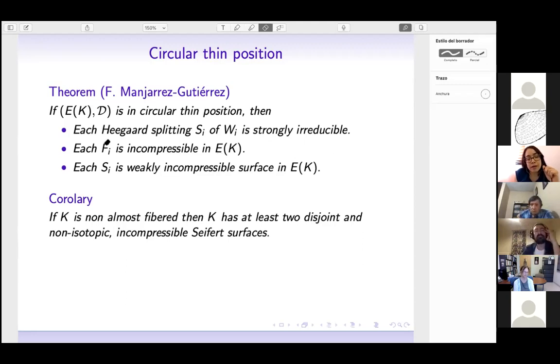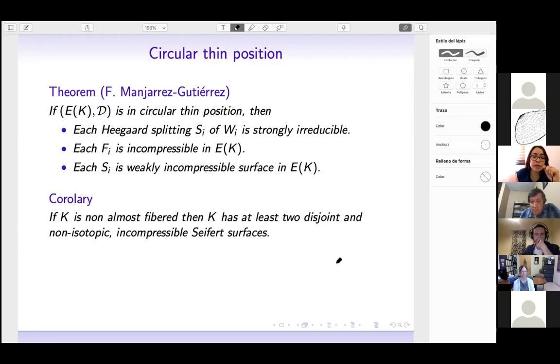Each seam surface is incompressible, and each thick surface is weakly incompressible in the exterior of K. And as a corollary, we have that if K is a non-almost fiber knot, then it has at least two disjoint non-isotopic incompressible Seifert surfaces.